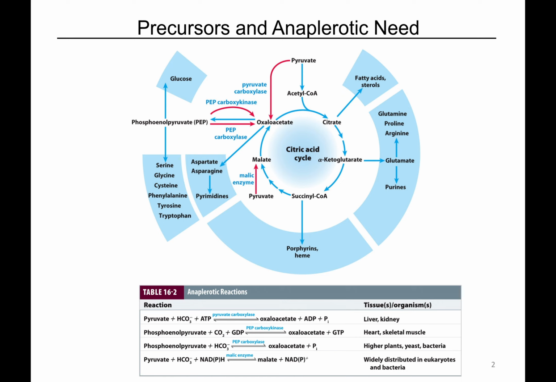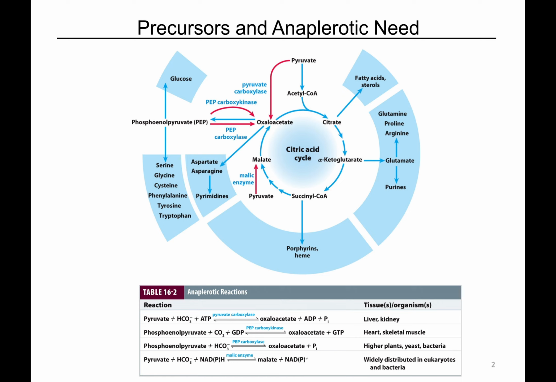Reversing that produces energy. There's also another mechanism to convert PEP directly to oxaloacetate called PEP carboxylase. Overall, the net product is the same: the interconversion of PEP and oxaloacetate. However, this one does not couple energy, so there's no energy consumption or production in this step. So it's not as ideal for some organisms.